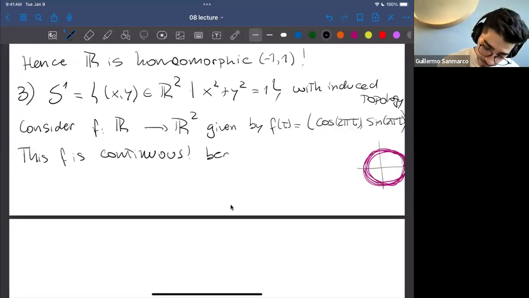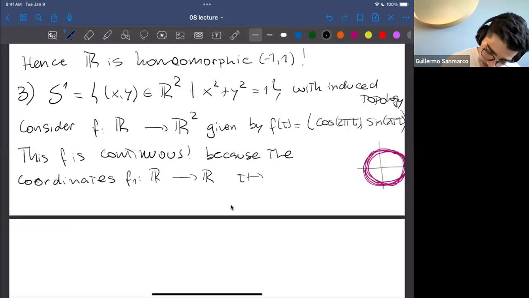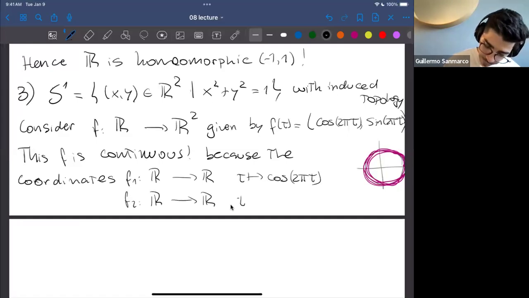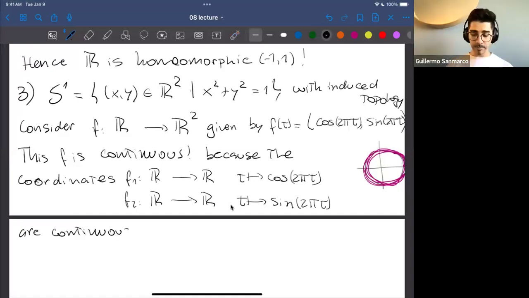So let's write down the coordinates: f1 going from the reals to the reals, t goes to cosine of 2 pi t, and f2, where t goes to sine of 2 pi t. I'm just taking these two coordinates. These are both continuous, and again, that's a classical analysis result. So this function is continuous.